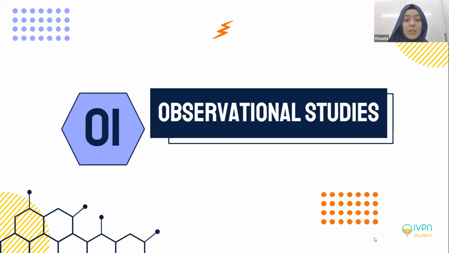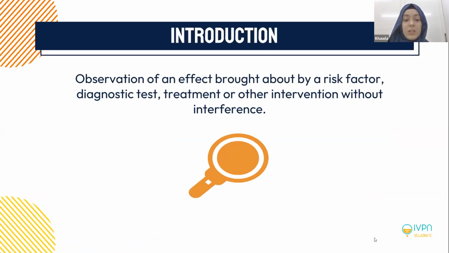In observational studies, researchers usually do not interfere with the actions or environment of the study participants and simply observe the effects of a certain risk factor, diagnostic test, or another intervention that the participants are already exposed to or would be exposed to regardless of participation in the study.